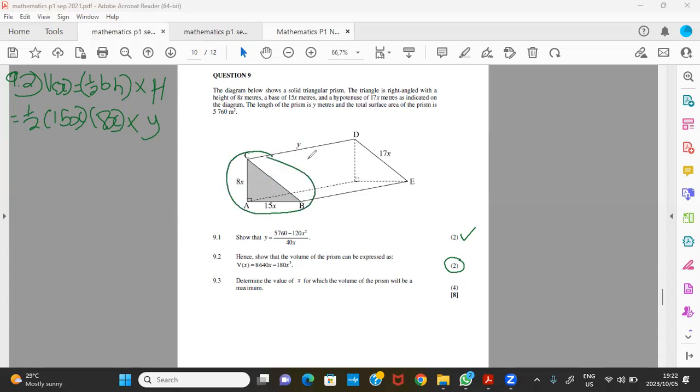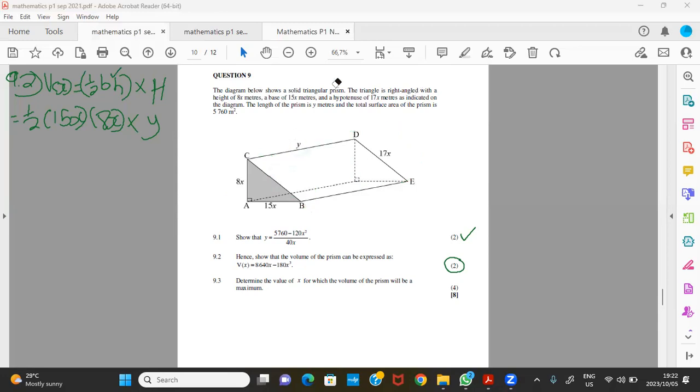Our bases are the right angle triangles, so the area of my base is half base times height, and then we multiply it with the bigger length. Whatever that prism is, even if it's not a triangular prism, that's how you're going to go about it.